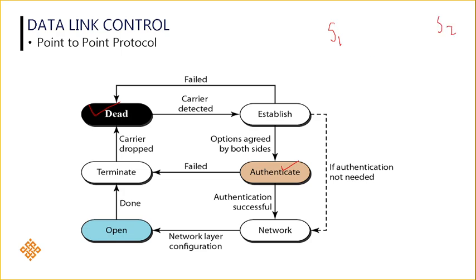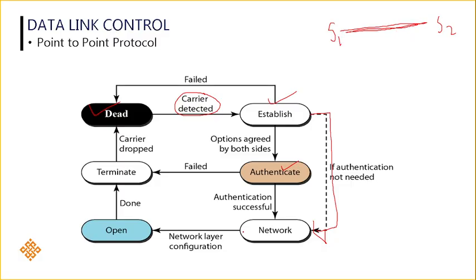Both are in dead state. If they want to get a connection, then you need what is known as a carrier or some media. So here you can see, once they find the carrier is detected, then they will establish the connection. Once the connection is established, then they can go for getting the network, a point-to-point network or point-to-multipoint network.